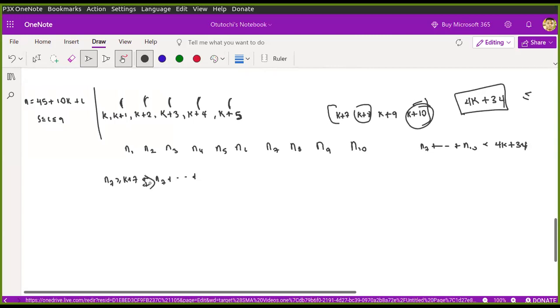This implies that it is greater than or equal to 4K plus 34, but we have already assumed it's less than, so there's a contradiction here.